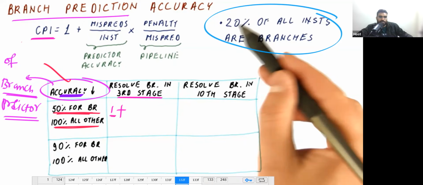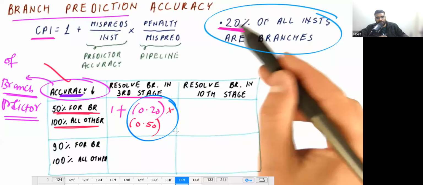So the answer will be CPI equals 1 plus the number of branch instructions per instruction multiplied by the wrong predictions per branch instruction. These are the mispredictions per instruction. Do you agree that this is the misprediction per instruction?